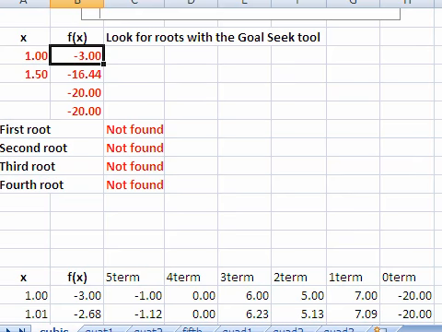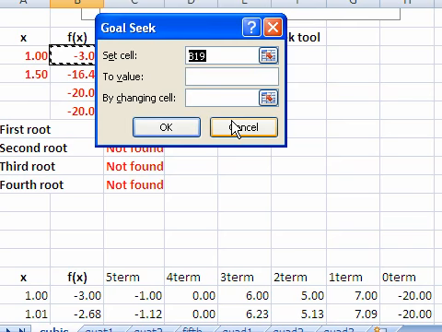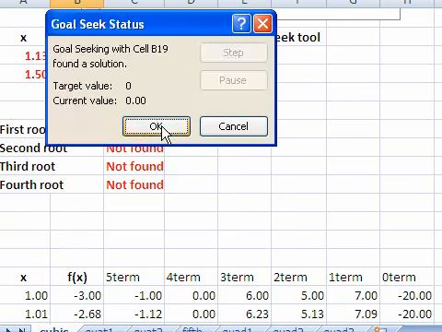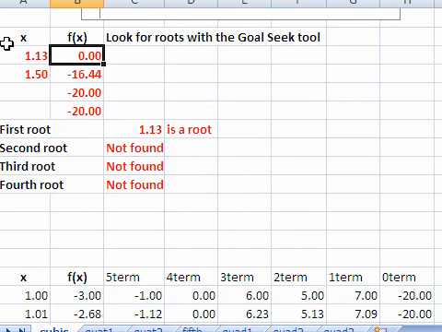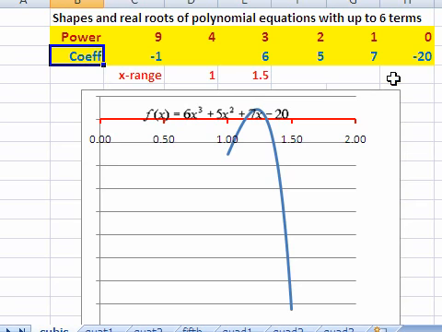So let's use goal seek again. Set f of x to 0 by changing x. The root is 1.13, and the one that's right over here, that's 1.13.